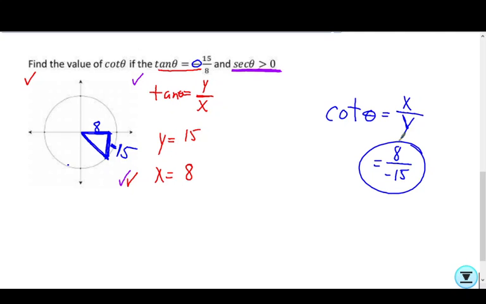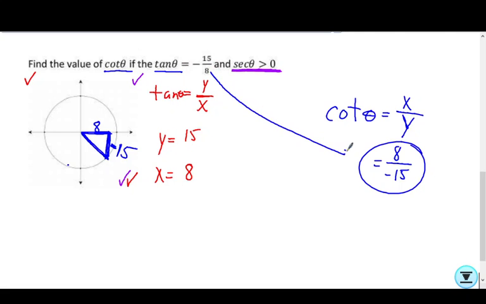Now, the other thing that you could have done specifically is that going back here at the beginning, we're looking for cotangent, right? And they gave us tangent. If you had remembered at the beginning that cotangent is the reciprocal of tangent, then you wouldn't have had to do any of this work.